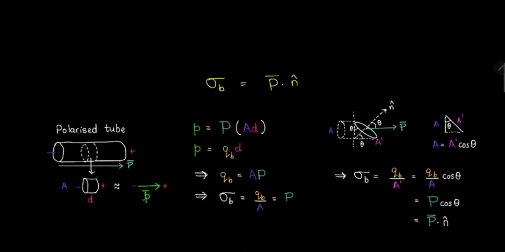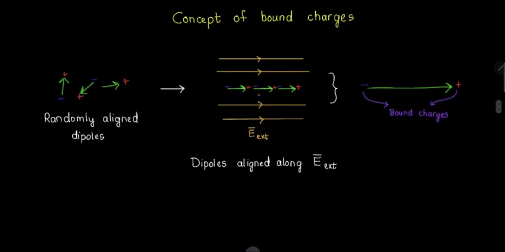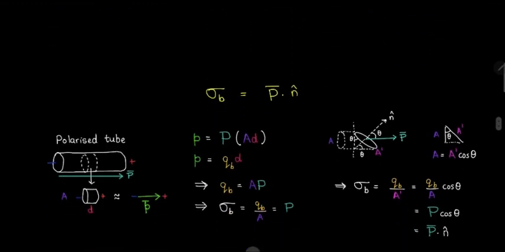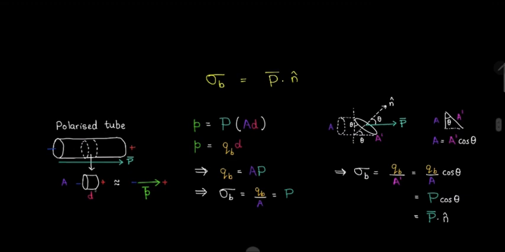It's very similar. So if I take a small chunk of this tube, it's going to represent one of those dipoles. So I just took a small chunk of it, whose area of cross section is A and length is d. Now let me try to find the dipole moment of this chunk. How do I find it? It's just polarization into its volume, and I know the dipole moment is nothing but the charge into the distance.